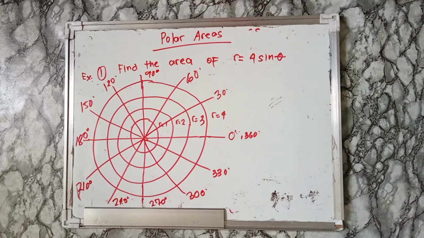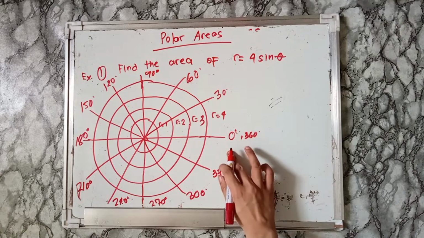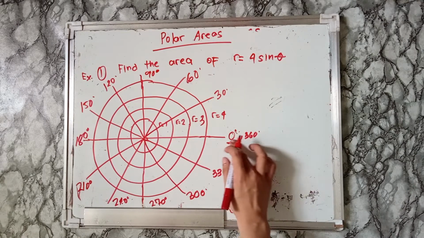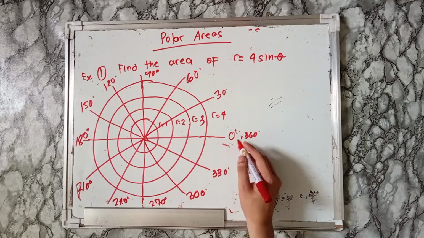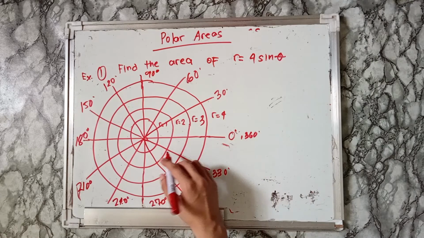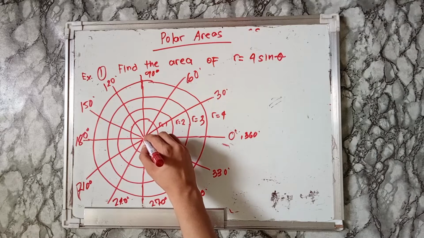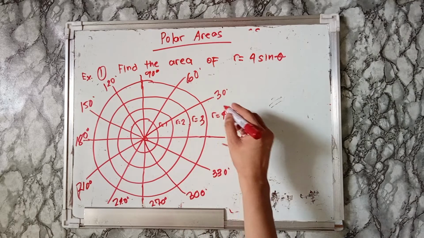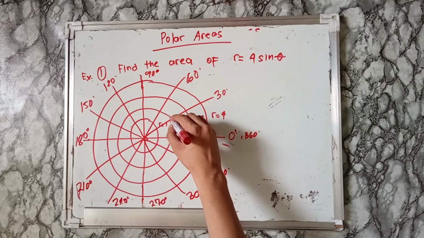Now if we plot our area, if 0 degrees, our radius is 0, right? So here, if 30, our radius is 2.